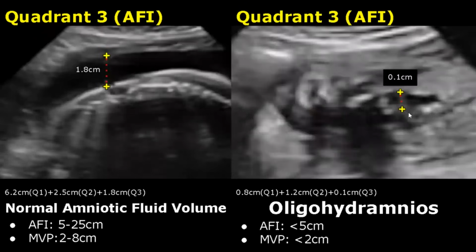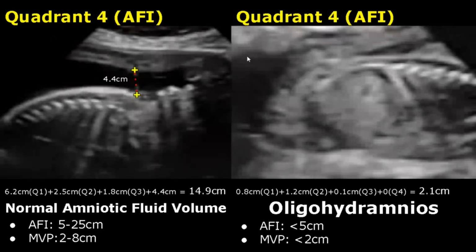In the third quadrant, the measurement is 1.8 centimeters. We can see a decent amount of amniotic fluid, whereas in case of oligohydramnios, we see very little amount of fluid, with the third quadrant measurement being only 0.1 centimeters. The last measurement is taken in the fourth quadrant. It is 4.4 centimeters here in the normal image.